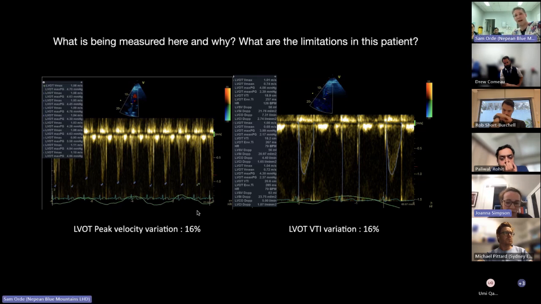And then the values, does that tell you anything? It does. So the variation is increased. So there is.